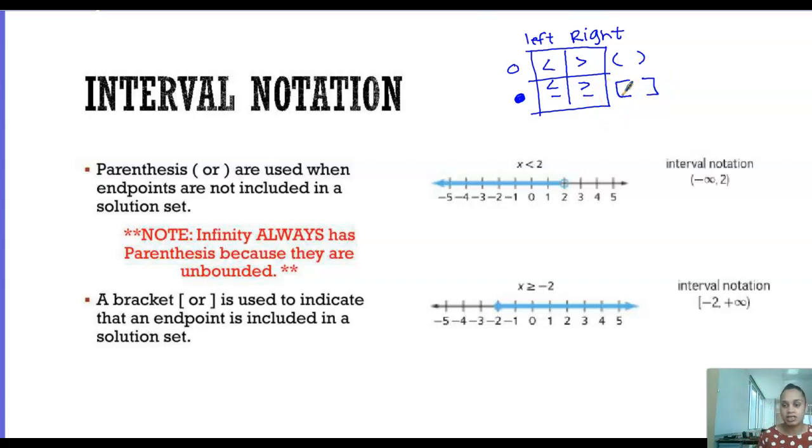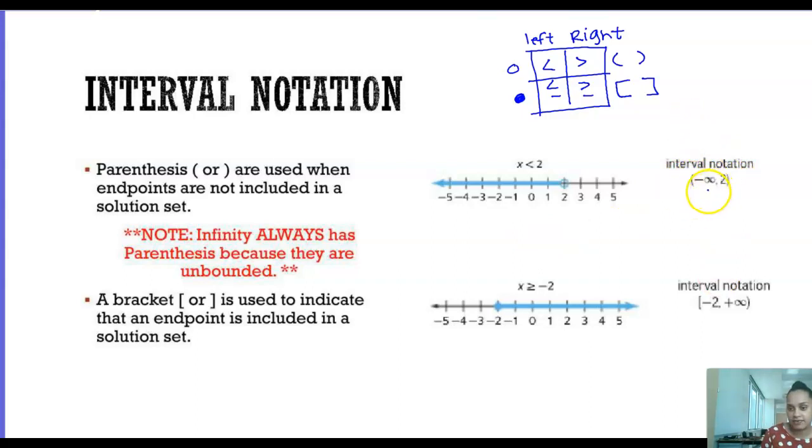So if you just look at this quick example, it says x is less than 2. We already talked about how to graph it on a number line, open circle to the left. And so this is how it will look in interval notation. Interval notation has either parentheses or brackets, it just depends on the problem.